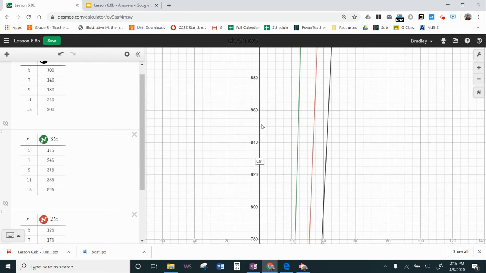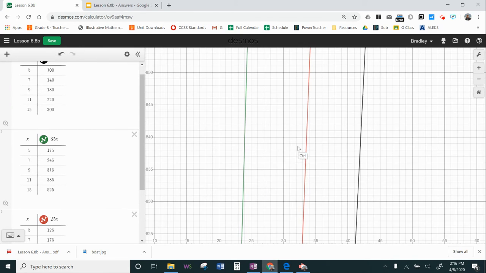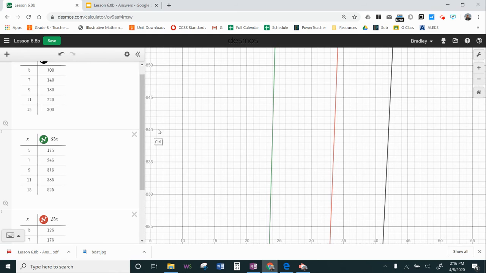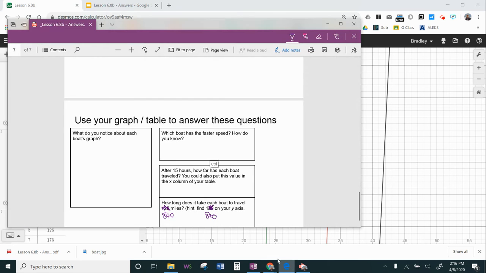There's 840 miles right there. Zooming in a little bit. There we go. And 840 miles. So the green one, now I need to count. Here's 840 miles. The green one is boat number 2. And I can see here that it meets the line at 24 hours.